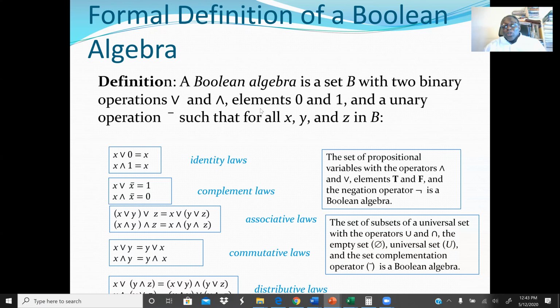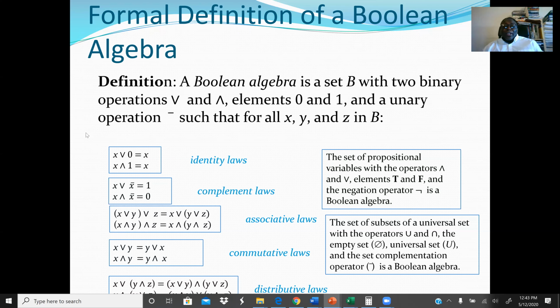The element can be only 2 values, 0 or 1. We also have a unary operation, which is complement or not.